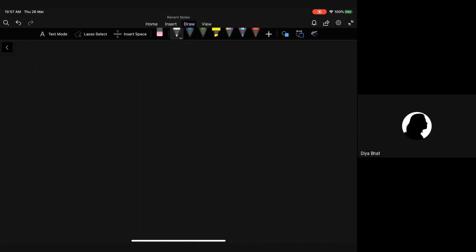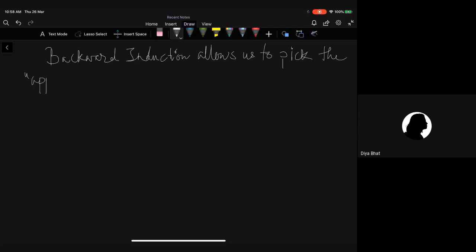Basically, backward induction allows us to pick the appropriate Nash equilibrium of a sequential move game.